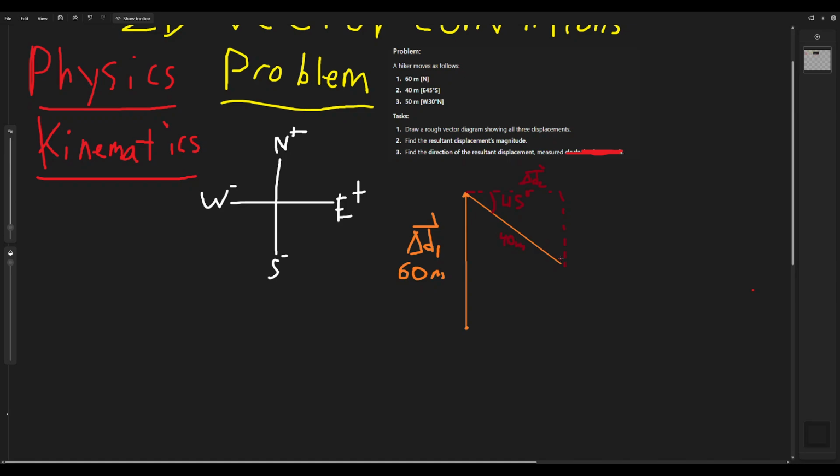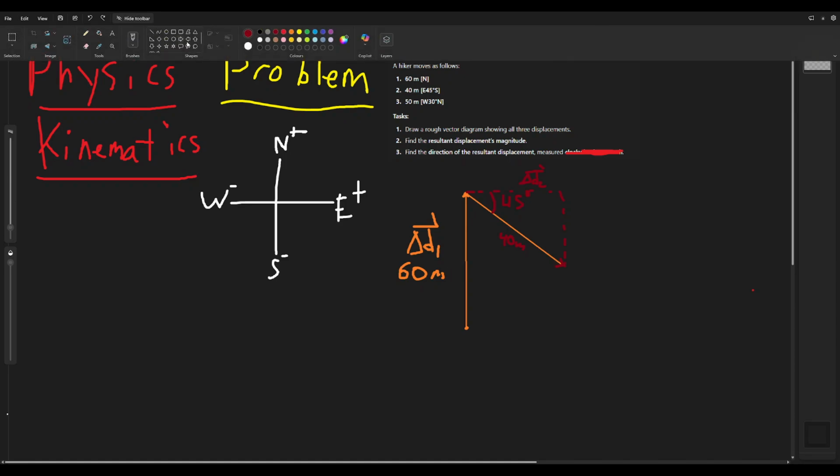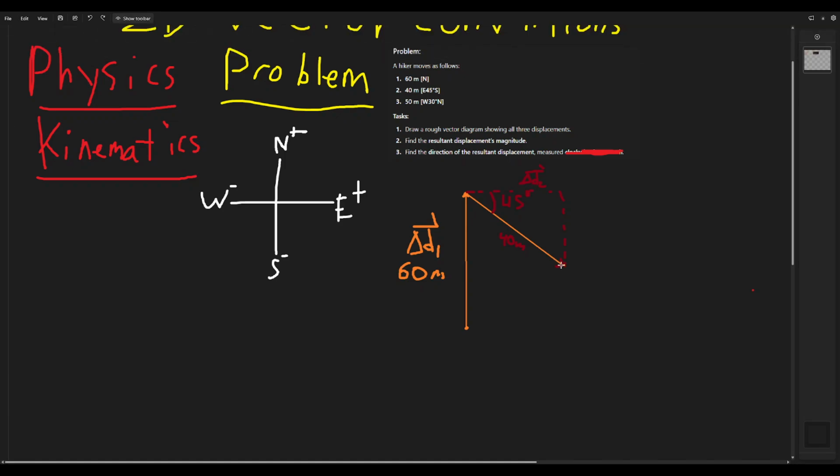Okay, so now from that point we go 50 meters west, 30 degrees north. So 50 meters that way, but we're looking west and we go 30 degrees towards north. Here we go.